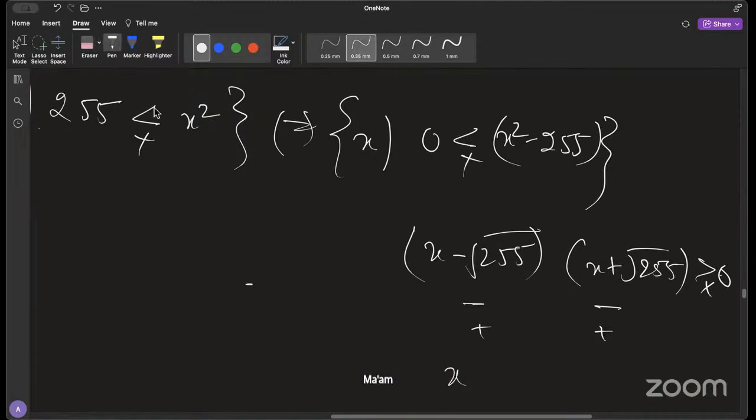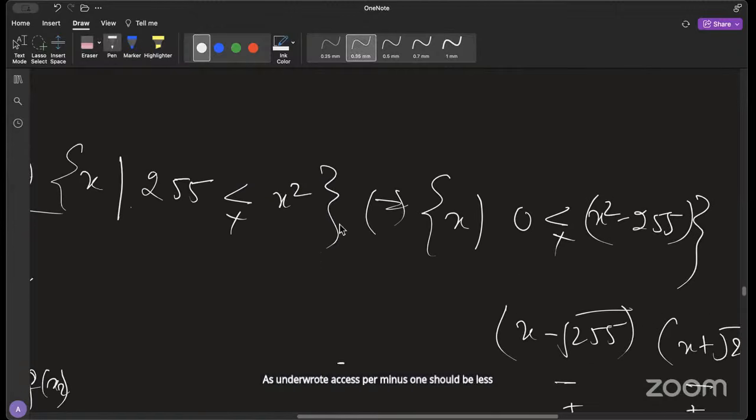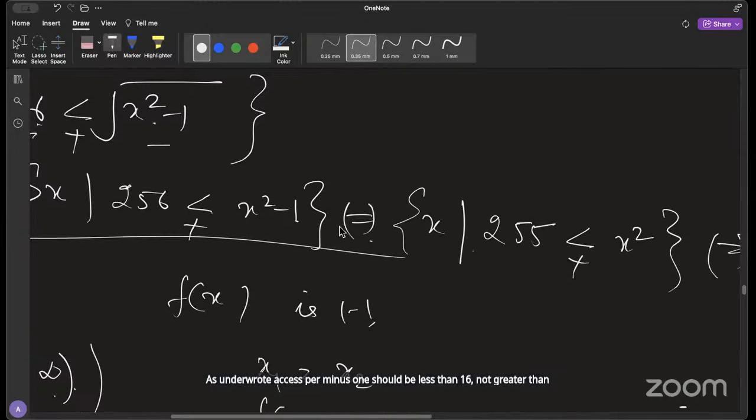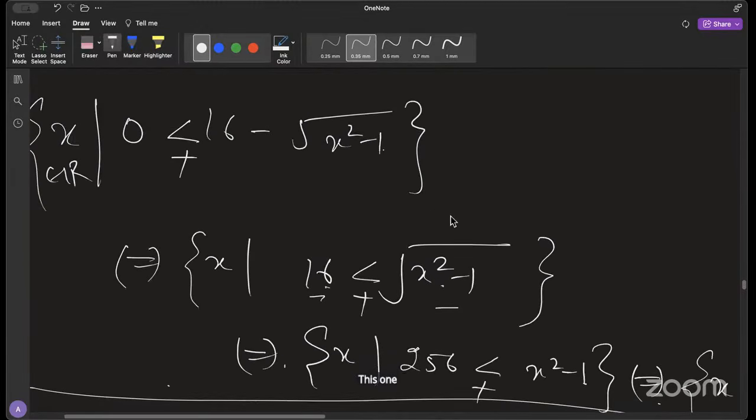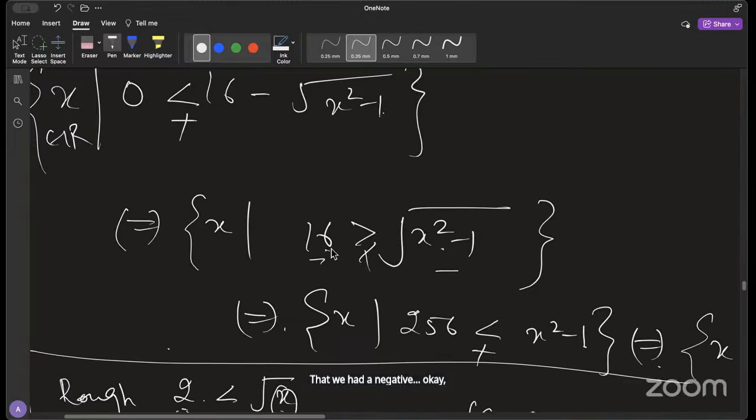Ma'am, I think you made a mistake, where under root x square minus 1 should be less than 16, not greater than. Yes, ma'am. We had a negative.